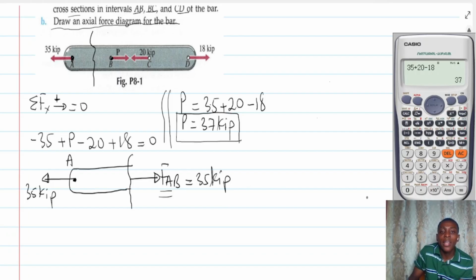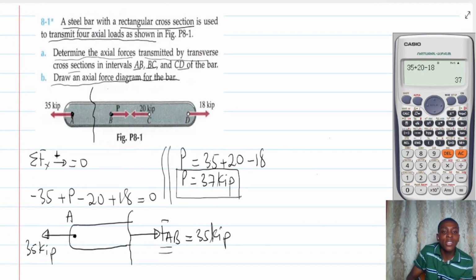Now, again, to get the force in section BC, we will come and stand here and cut between B and C. When we cut between B and C, what are we going to see?